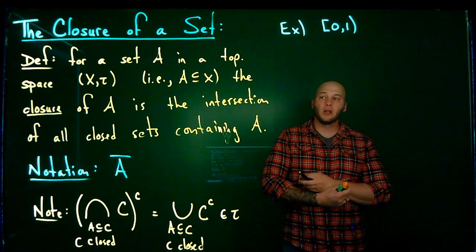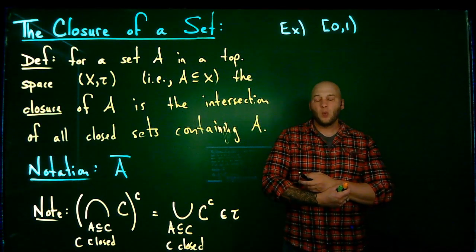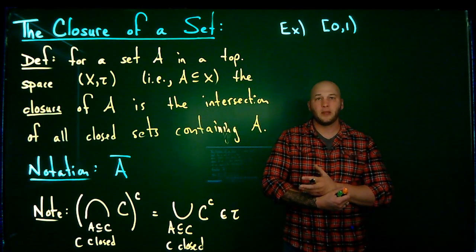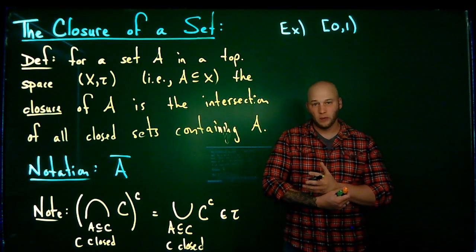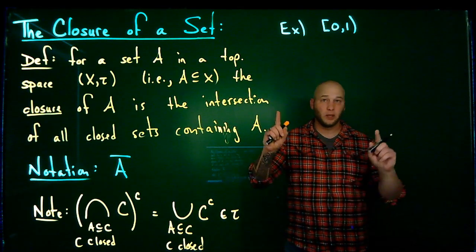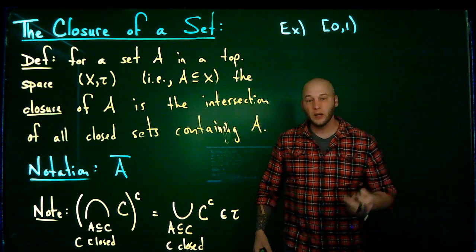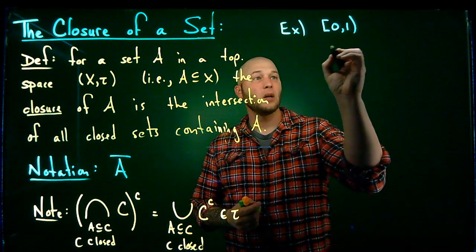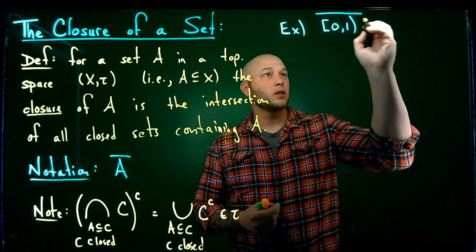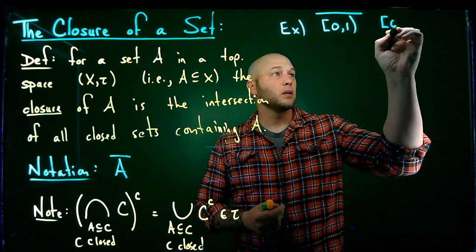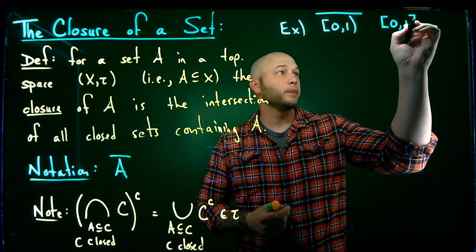Now, if I take the closure of this, we would certainly hope that the closure of this interval would be the closed interval from 0 to 1. So basically, I would just take this and add the 1 to it. And in fact, that is the case: if I take the closure of this, I do get [0, 1].